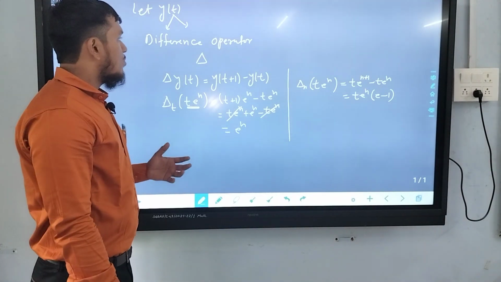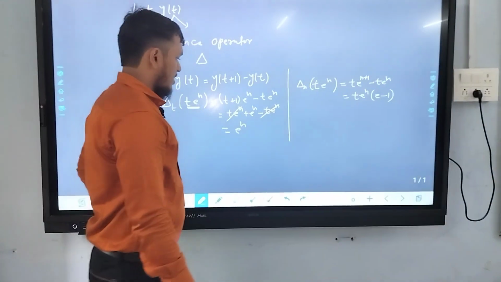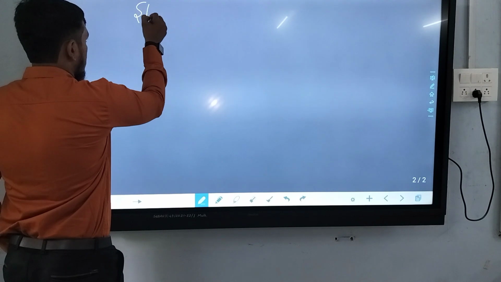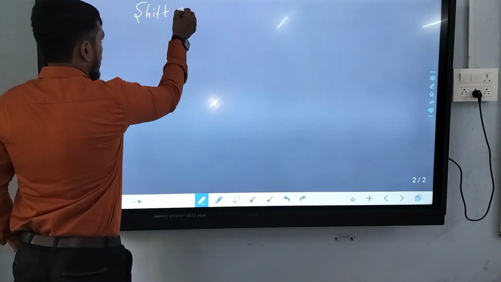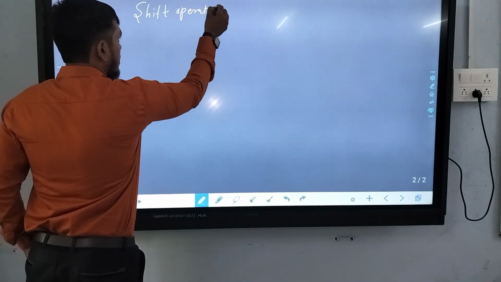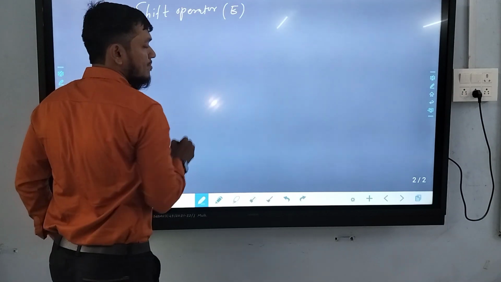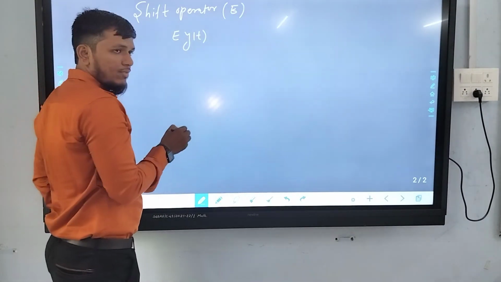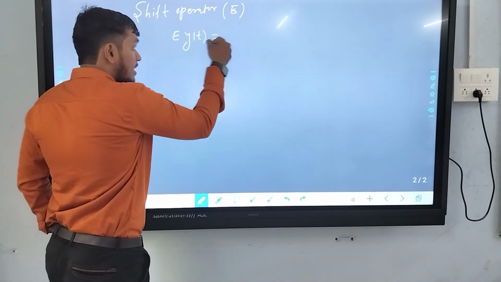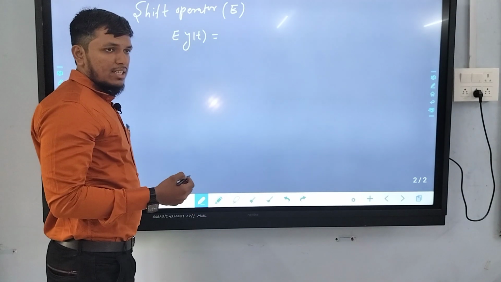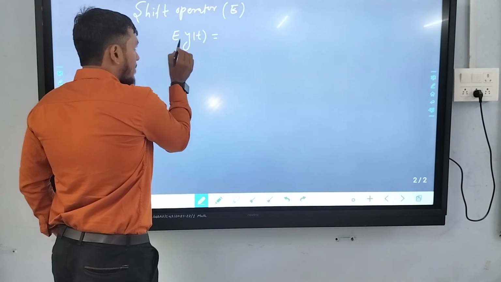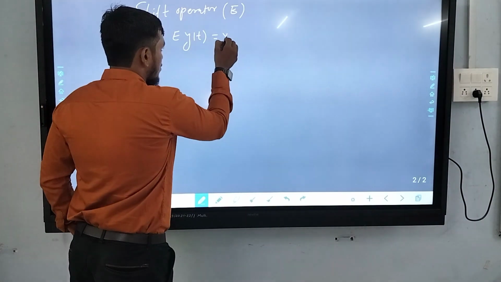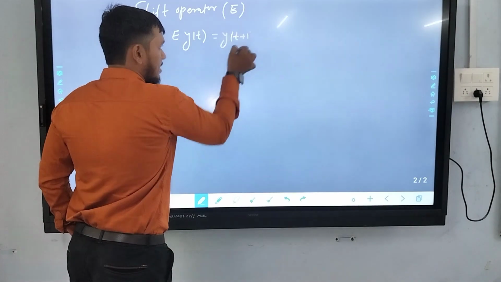Now we see what the shift operator is. The shift operator is denoted by capital E. When this shift operator operates on y of t, in the output it shifts t to t plus 1, so we get y of t plus 1.